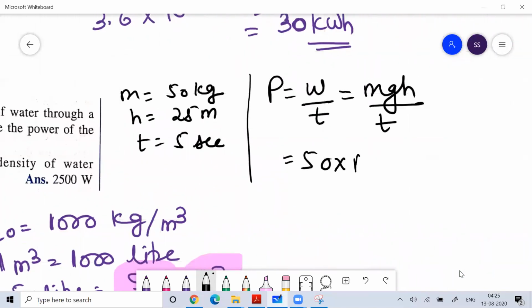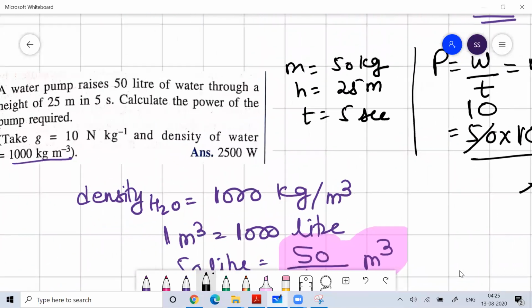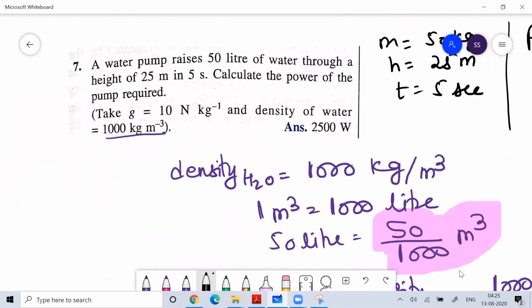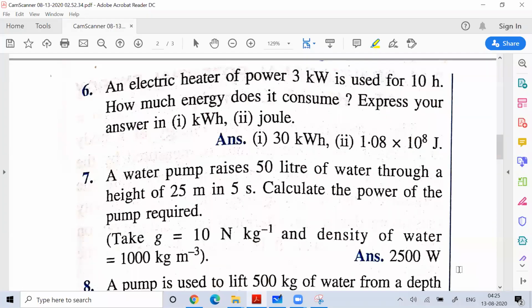Height is 25 meter, and the time is given as 5 seconds. So this would be equal to 2500 watt. Okay, I hope you understood this. Then we'll do question number 8.